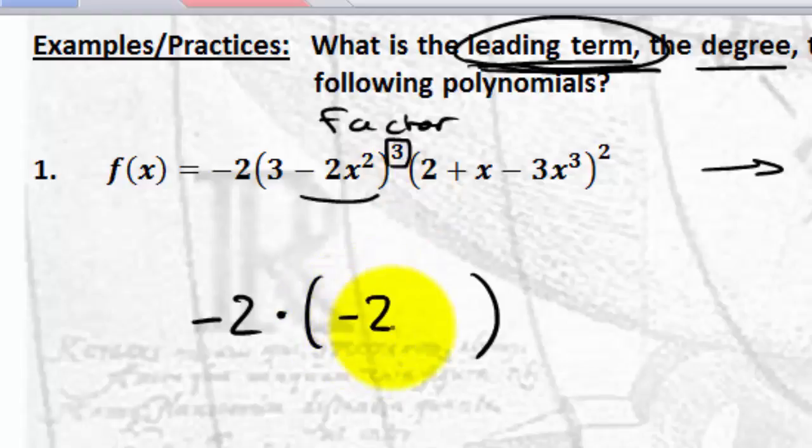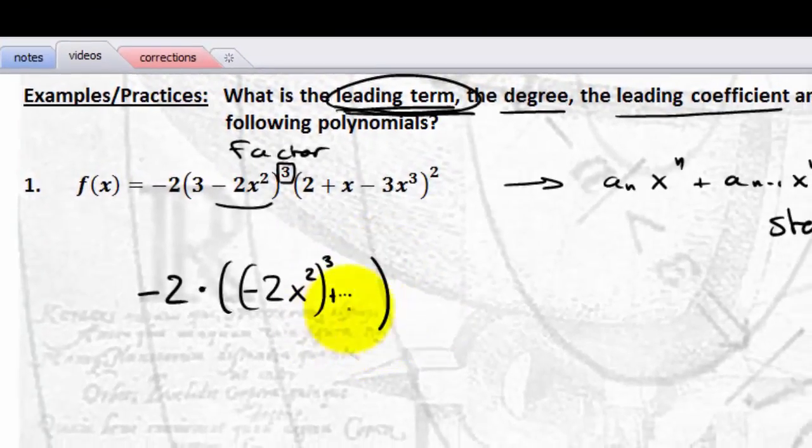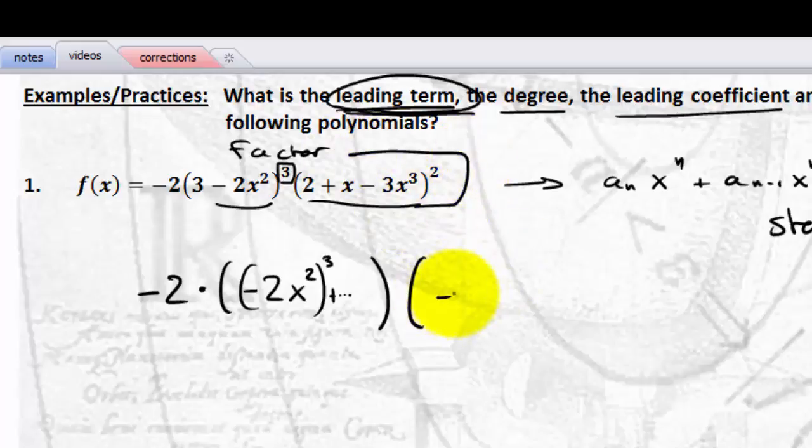So it's like (-2x squared) cubed. And I know there's other stuff around, but I'm just fishing for my highest degree, right? I don't care about the other stuff around. And in the last parenthesis, what's going to be the highest degree of the whole term right here? It's going to be (-3x cubed) squared plus a bunch of other terms which I don't care about.